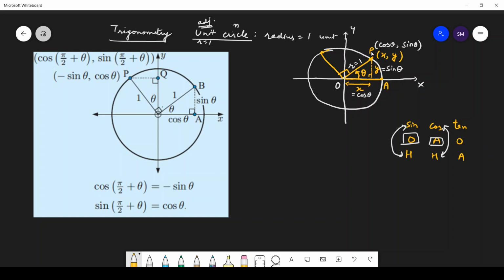To match this figure, if this point, instead of P, I make it B, and this point now I make P. So again, OP is the radius, no doubt about it. And now I have a triangle over here. This is again a right angle triangle. Let us suppose this point Q. So this is the figure that I am discussing with you.